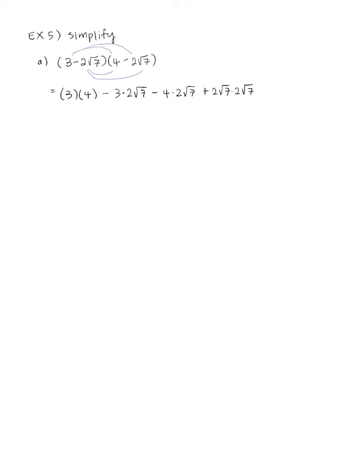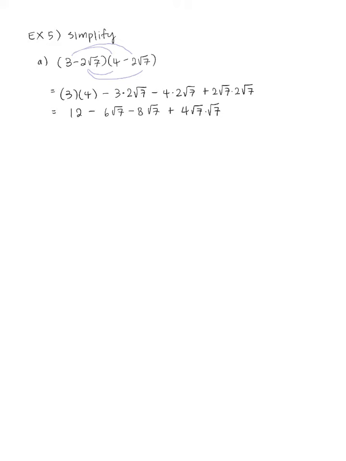Okay, so now here what we're going to get is 12 minus 6 root 7, minus 8 root 7, and then here you're going to have plus. Now this is being multiplied, so again we're going to have to go 2 times 2, which is going to be 4, and then we're going to have the square root of 7 times the square root of 7.